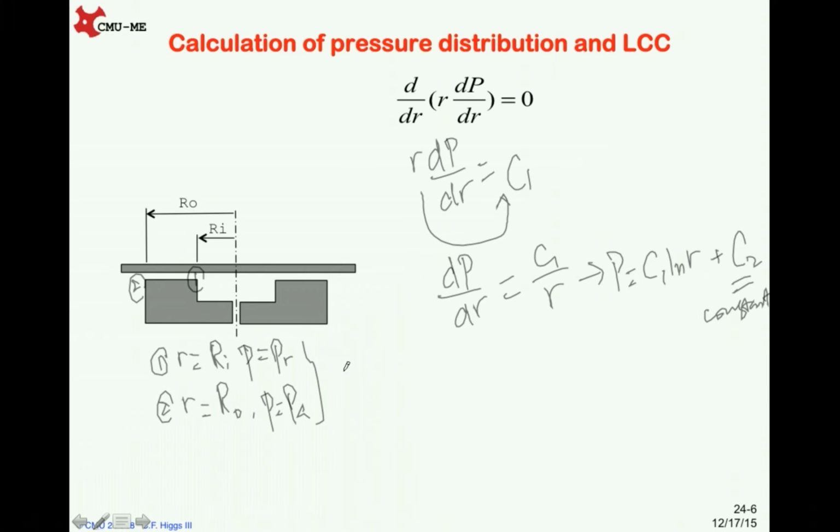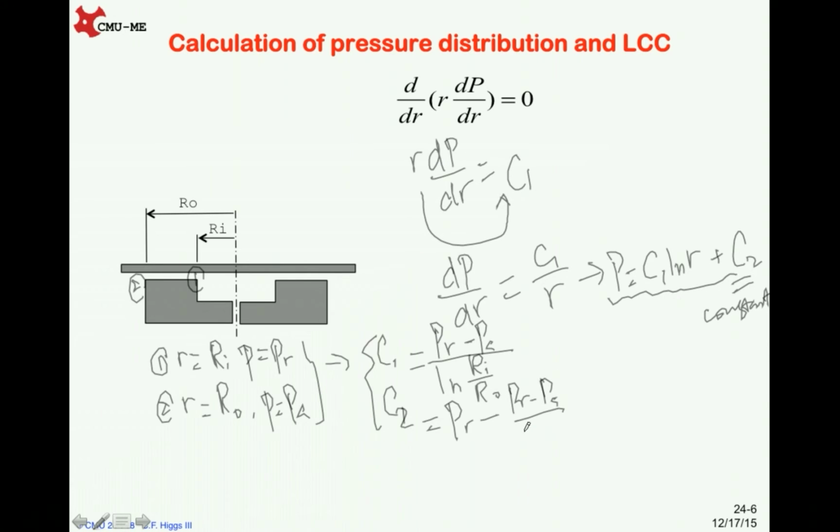By plugging these two boundary conditions into this equation, we can calculate the values of C1 and C2. For C1, the value is PR minus PA divided by log Ri over Ro. And for C2, the value is PR minus C1 log Ri, which is PR minus (PR minus PA) over log (Ri over Ro) times log Ri.